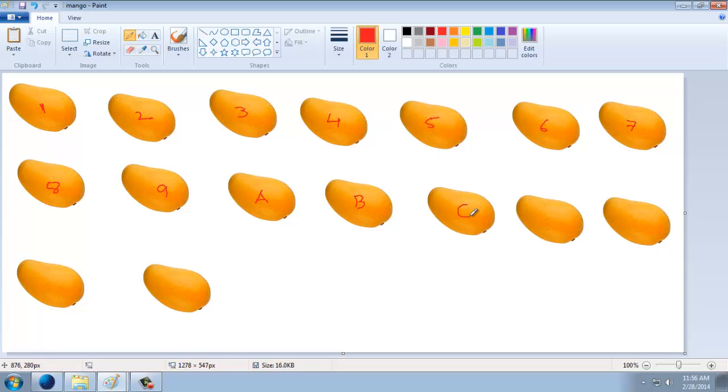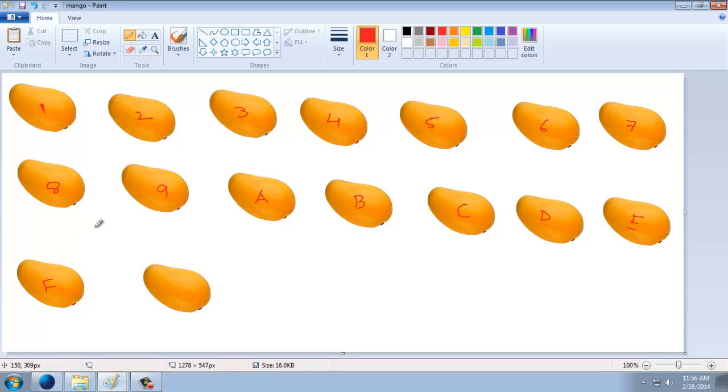12 is represented by C, 13 by D, 14 by E, and 15 by F. Correct?